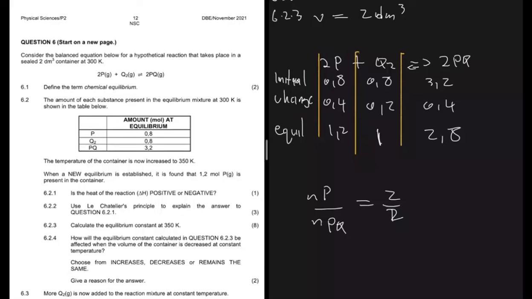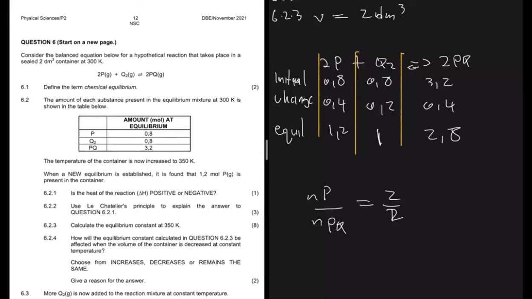Okay, this is what's happening. We have a reaction. If the products are increasing, the reactants are decreasing. So it is clear that the reactants are increasing, right? The reverse reaction is being favored. So for all the reactants, the change will be added to find the moles at equilibrium.